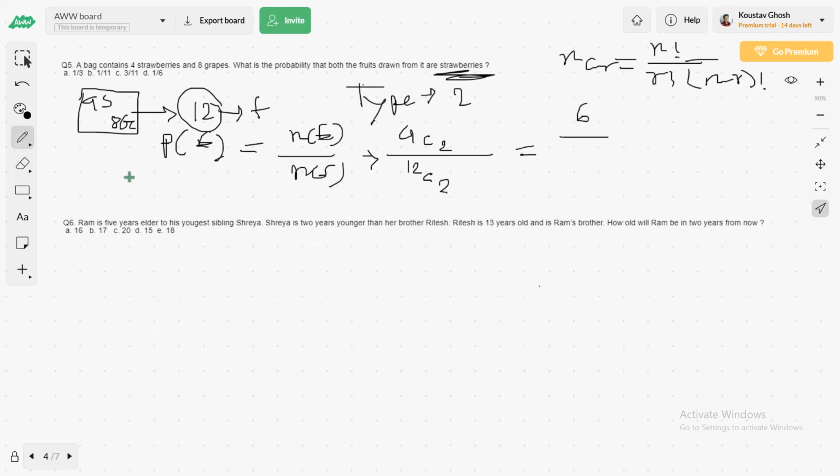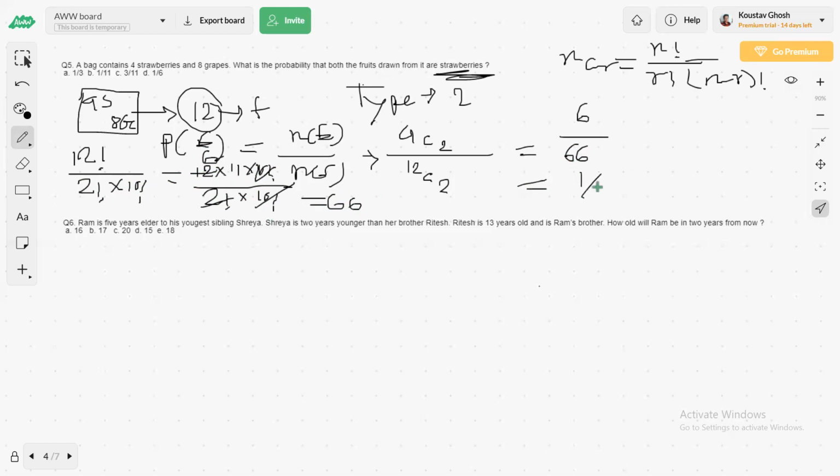This 12C2 is what? 12 factorial by 2 factorial into 10 factorial. 12 into 11 into 10 factorial by 2 factorial into 10 factorial. 10 factorial and 10 factorial cancel out. Then 2 6s are 12, so 6 into 11, 66. So 6 by 66 is nothing but 1 by 11. So B is our choice.